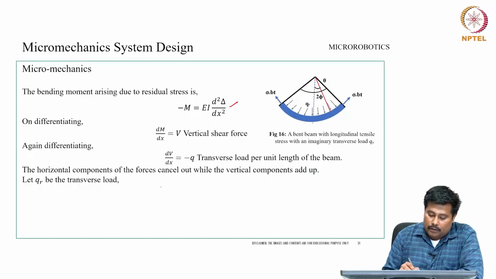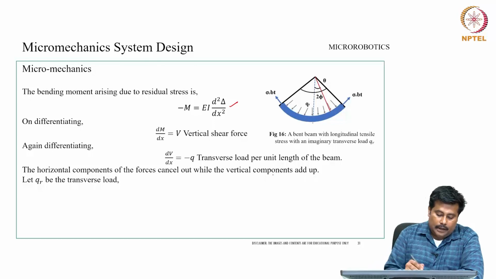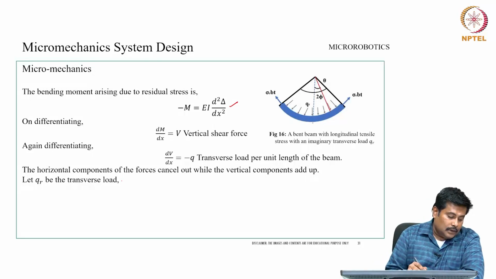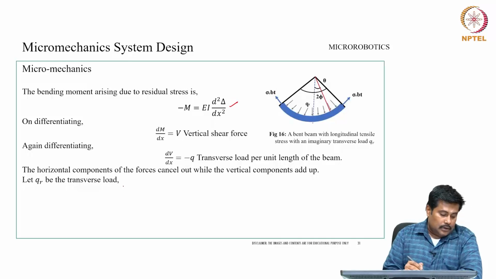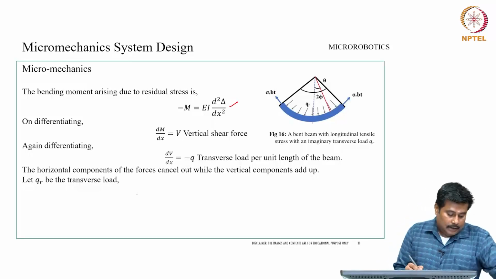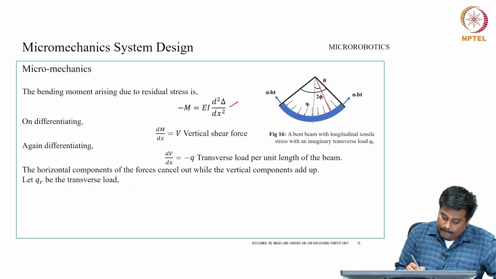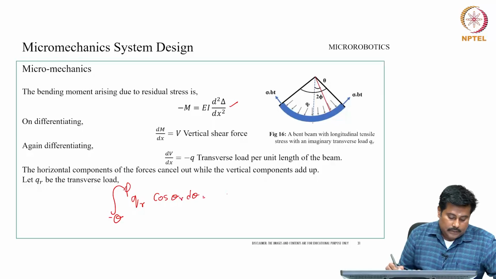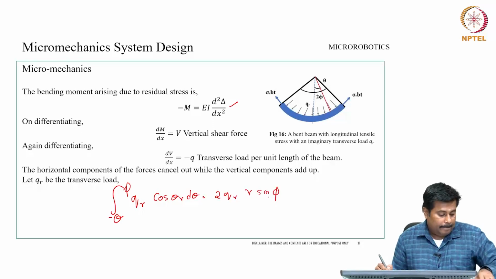The horizontal components of the forces cancel out while the vertical components add up. Let us consider QR to be the transverse load. Now, the transverse load can be represented as the integral over theta by phi of QR cos theta r d theta, that equals 2 QR r sin phi.